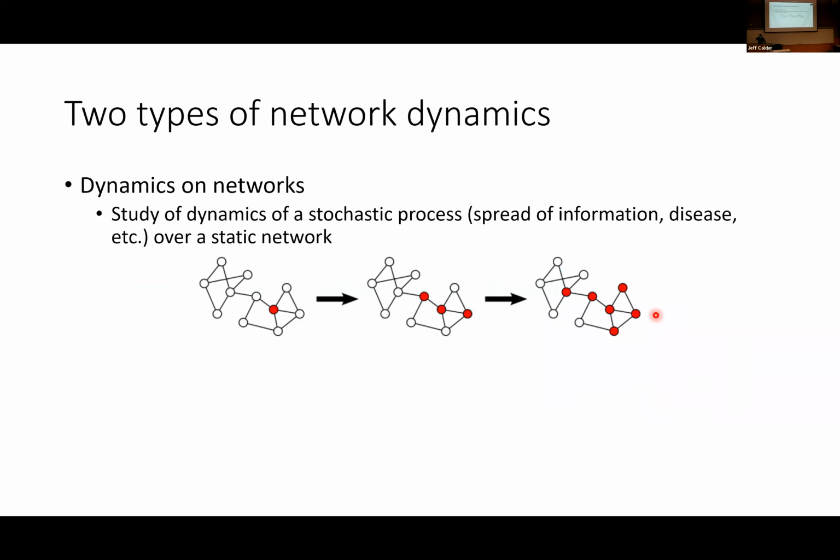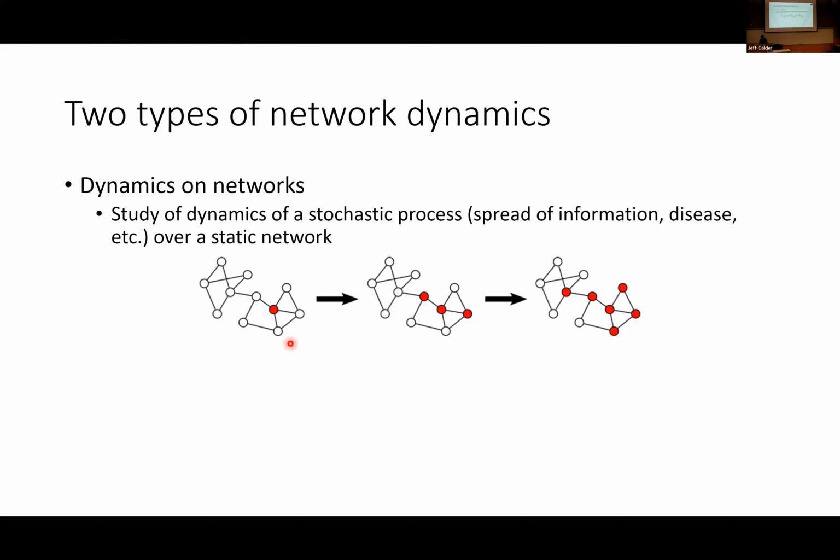When I talk about networks and dynamics, there are two types of network dynamics people typically consider. The distinction is very subtle. One is dynamics on networks. This is a study of the dynamics of some stochastic process, let's say the spread of information or the spread of disease over a static network.